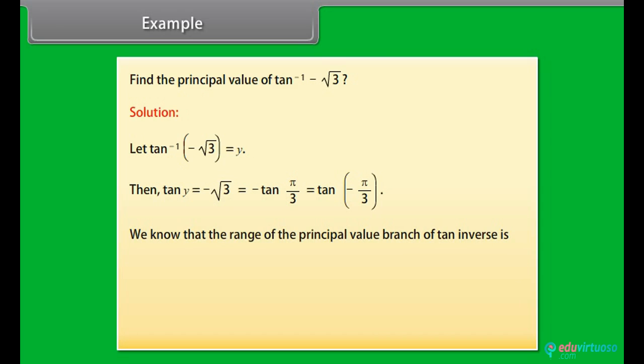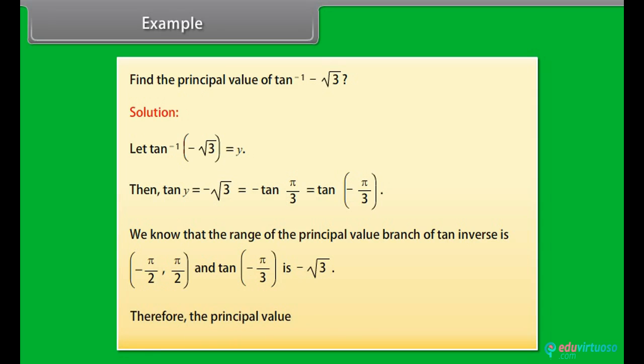We know that the range of the principal value branch of tan inverse is minus pi by 2, pi by 2, and tan of minus pi by 3 is minus square root 3. Therefore, the principal value is minus pi by 3.